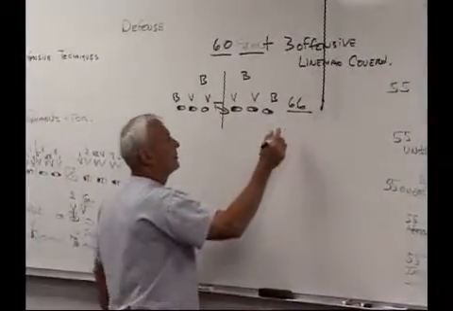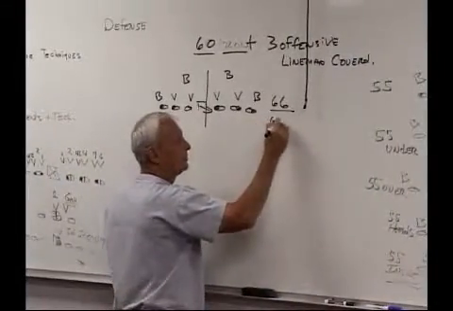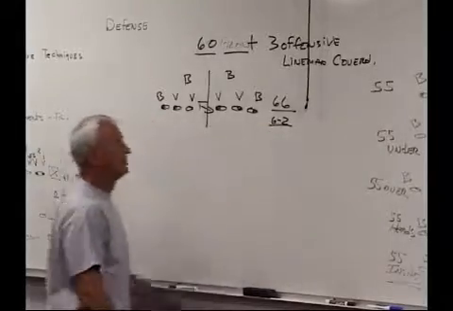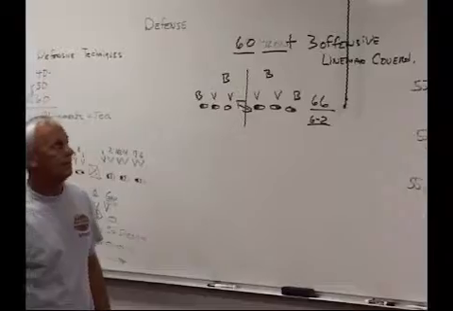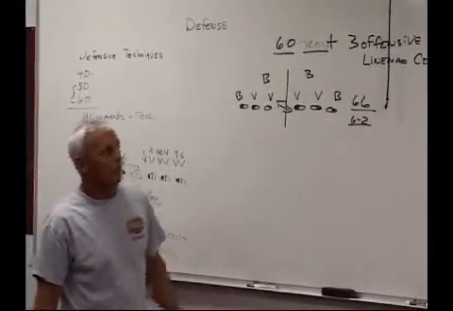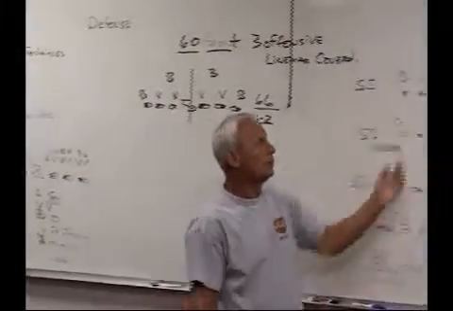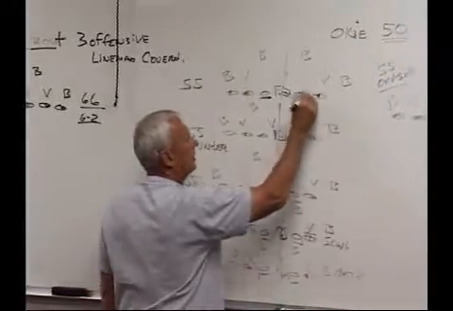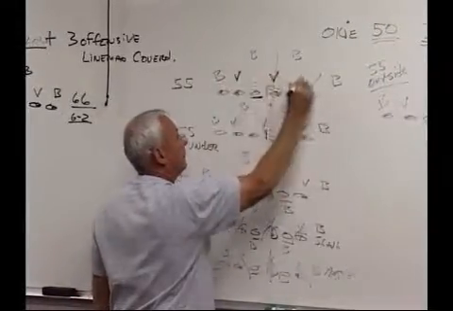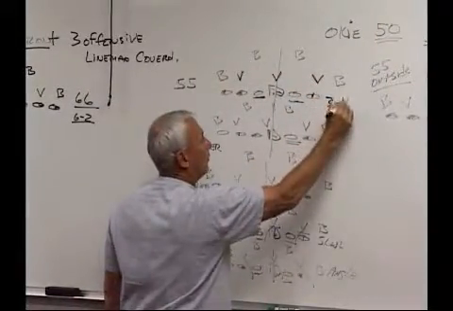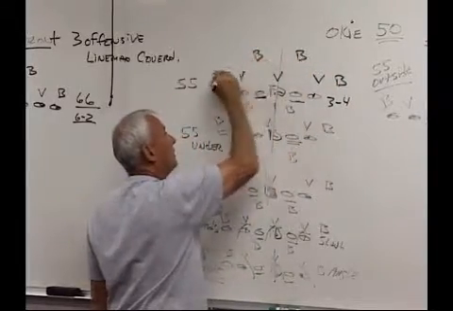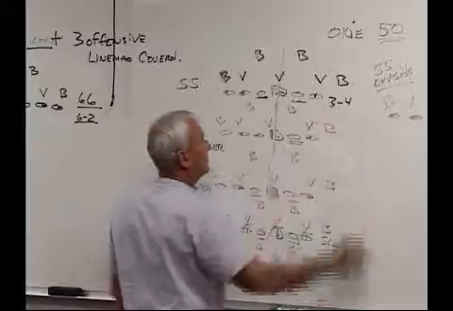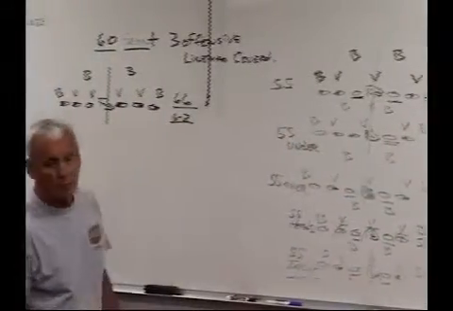Some people, your high school coach, called it, I still call it a 6-2. It's a 6-2, 6 down linemen, 2 linebackers. You got a 44 here. A lot of people in pro ball call this a 3-4. We'll get into naming these linebackers later on. That's not that important right now.